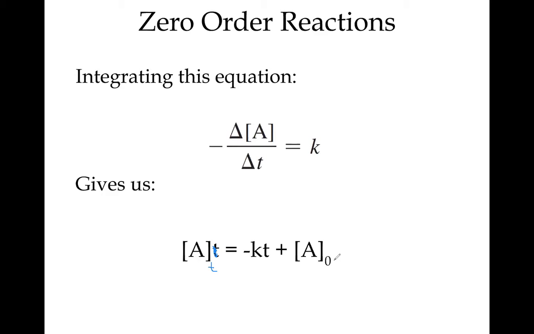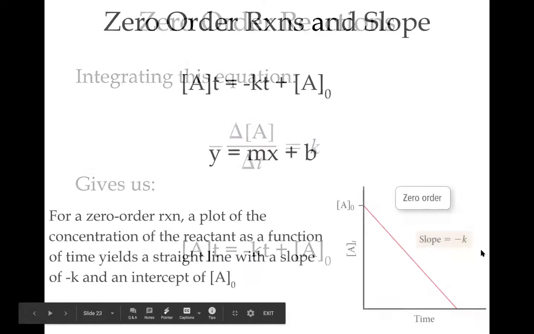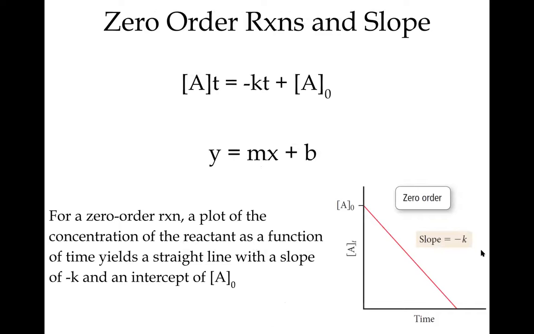Now, just like the other two, this equation is similar to y equals mx plus b, okay? And so again, the slope is equal to negative k, all right?